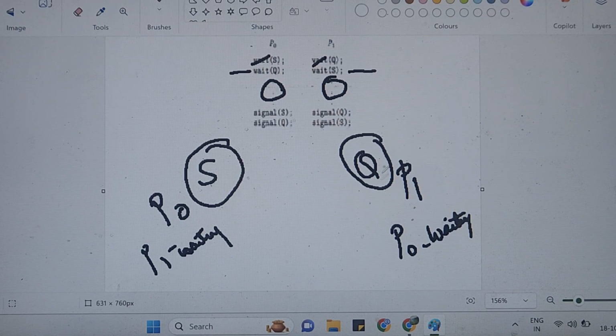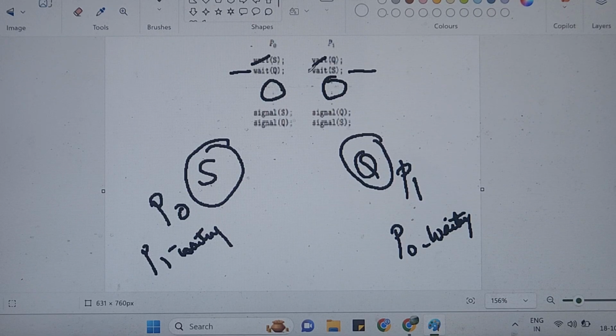Now, how will P1 get access to S? It will happen only if P0 signals the release. Do you get what I'm saying? S is currently taken up by P0. Only if P0 signals the release, P1 can get access.